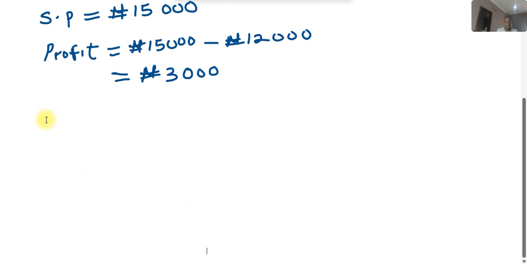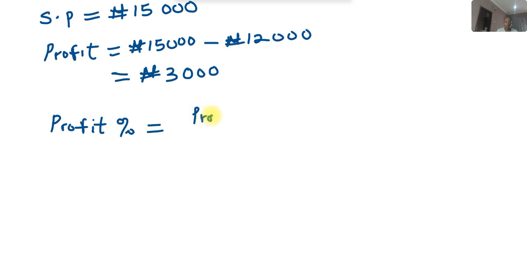So we have a profit percent according to the formula. Profit percent will be equal to our profit over cost price multiplied by 100%.